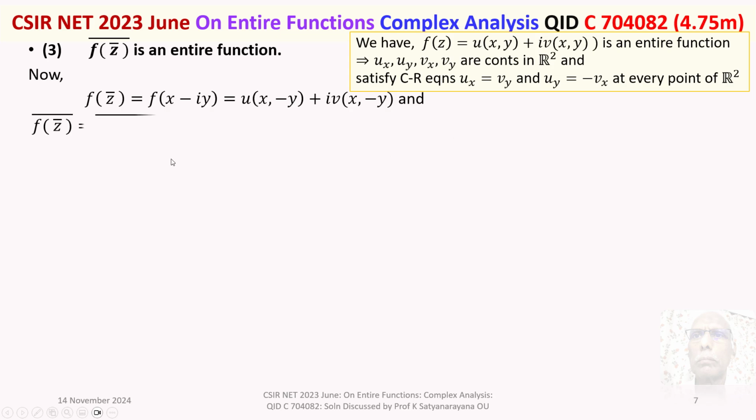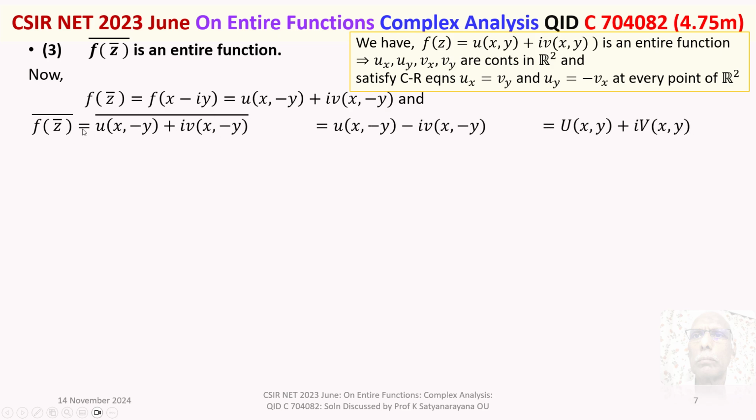Agreed. Take the conjugate of f of z bar. So that will be the conjugate of u of x comma minus y plus iv of x comma minus y, and that will be equal to u of x comma minus y minus iv of x comma minus y. Call it capital U plus iv, where capital U is small u at x comma minus y and capital V is minus small v at x comma minus y.